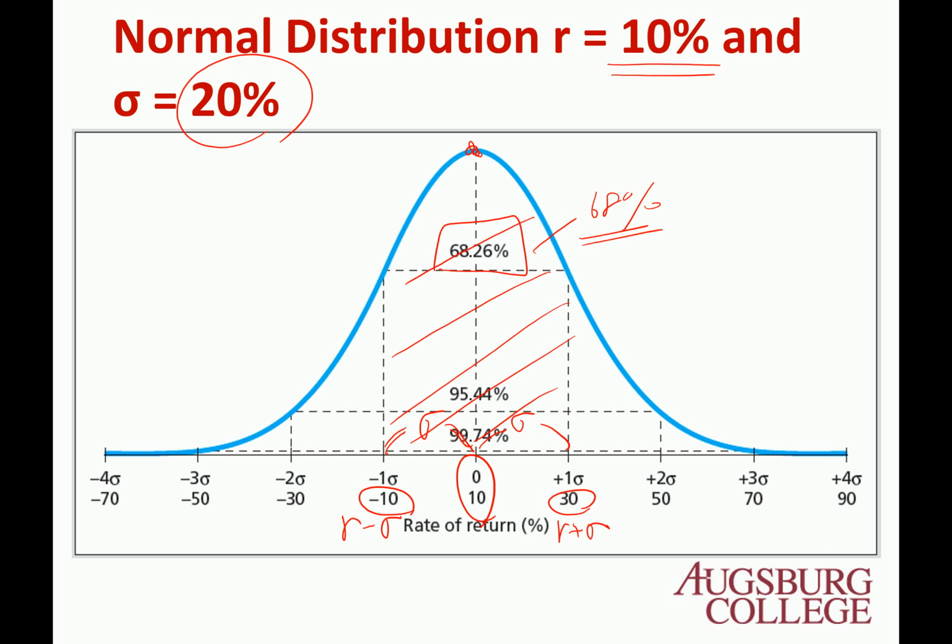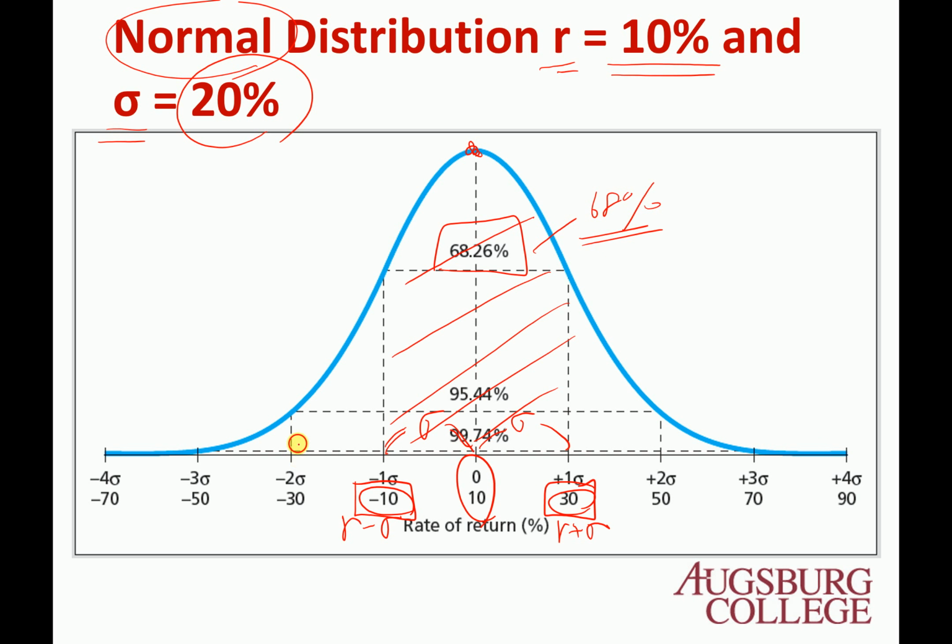Now, if you pick a random year again, you have 68% possibility that your return lies between negative 10% and 30%. That's what it means. So we can actually describe the distribution by mean and standard deviation, expected return and standard deviation, if the distribution is normal. In many cases, return distribution is normal actually.